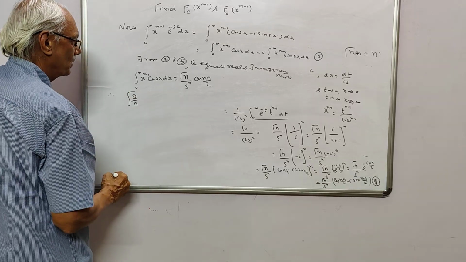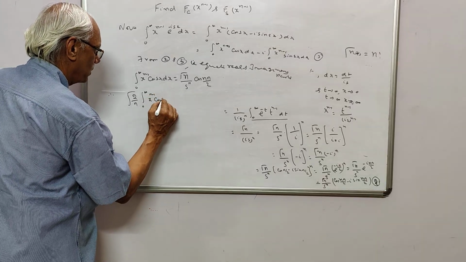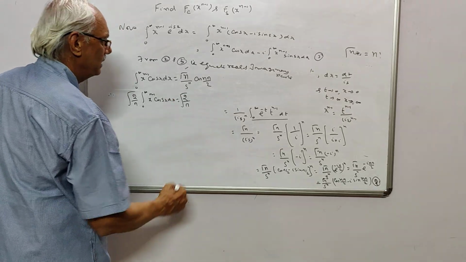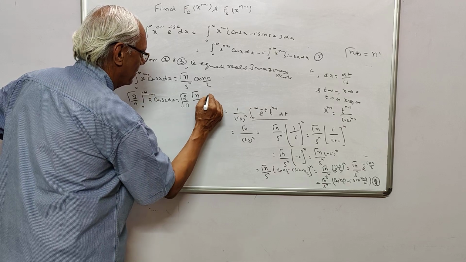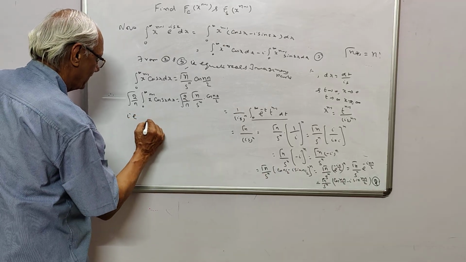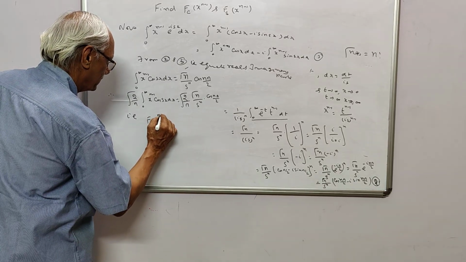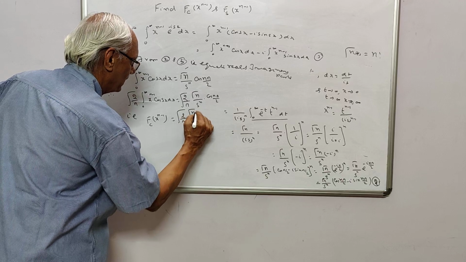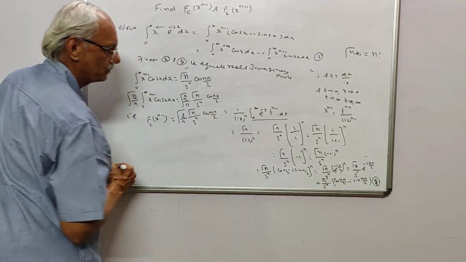So square root of 2 by pi into the integral from 0 to infinity of x to the power of n minus 1 cos sx dx will be equal to square root of 2 by pi into gamma of n divided by s to the power of n into cos n pi by 2. So this is nothing but your Fourier cosine transform: Fc of x to the power of n minus 1 is equal to square root of 2 by pi, gamma of n divided by s to the power of n into cos n pi by 2.